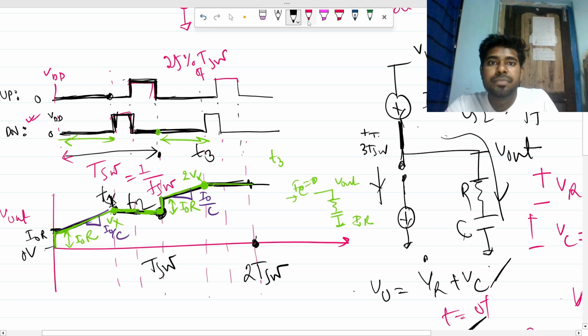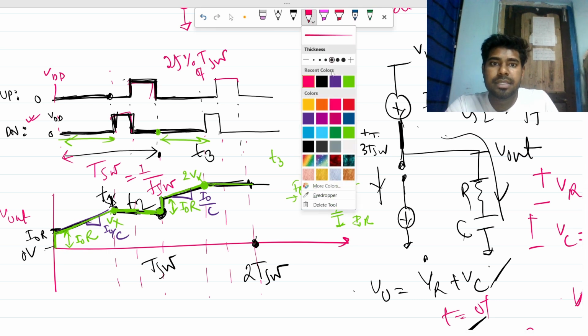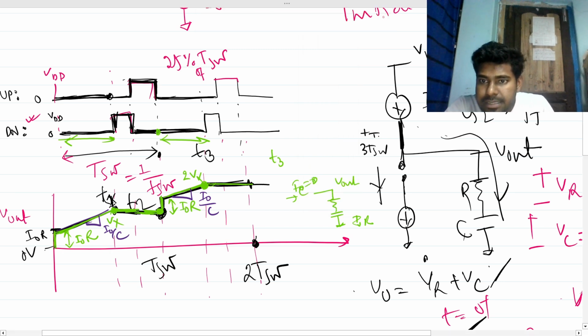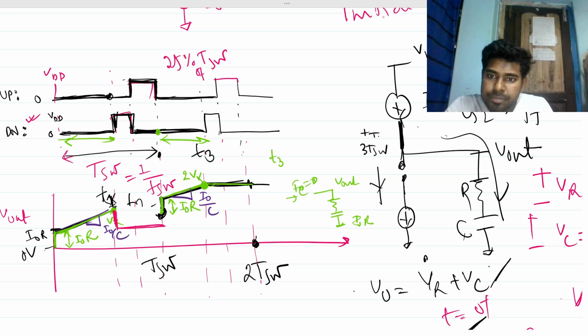So actually, let's say this is the color, and at this time duration both are turning on. So actually this will be dropped by IR. So this will be like this. Everything is the same. So this is IR and this is also an I into R drop.